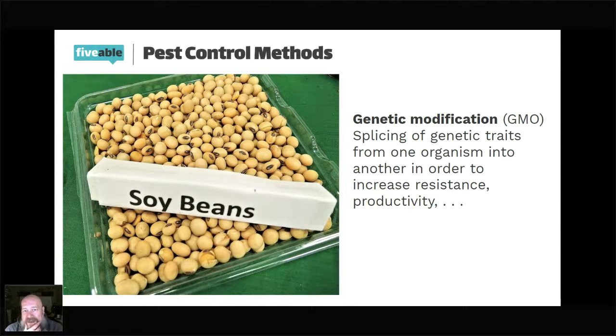And what we've done is we've increased resistance to some of the pesticides we've used. We've increased resistance to certain diseases. We've made productivity increase. The reason why I have soybeans on here is Monsanto has developed a strain of soybean that is resistant to their Roundup.